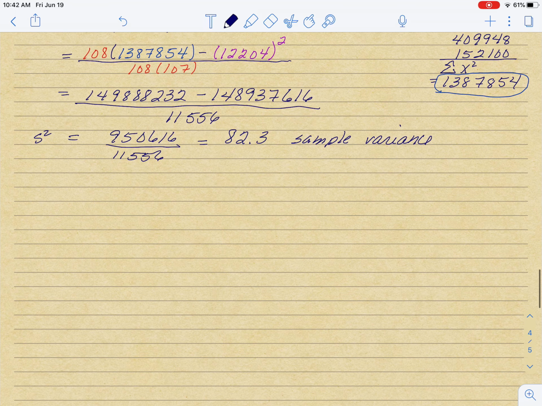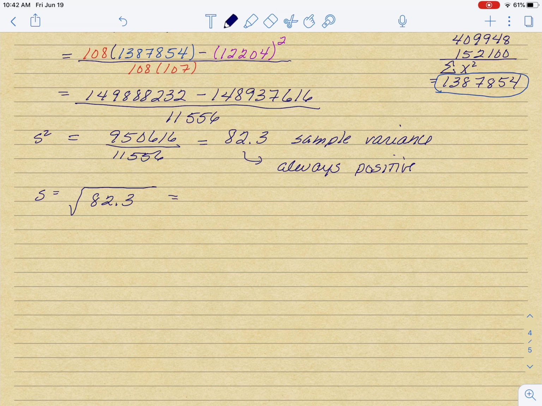So now we want to find our sample standard deviation, and that's always so much easier. It's just the square root of the answer that we got. Now, this variance should always come out positive. So if you get a negative number, you know you have a miscalculation.